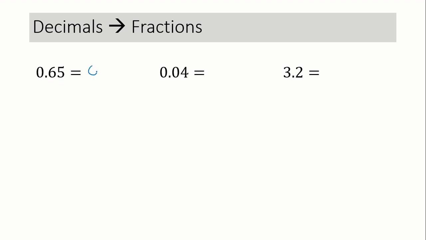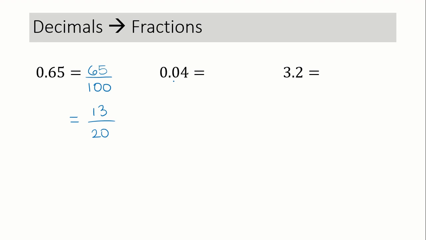Now, if we were going to write down 65 hundredths, it looks like this: 65 over 100. Like with previous examples, we should put this into lowest terms, right? So we're going to divide both of these by 5 and get 13 out of 20. I don't mind that method, tenths, hundredths, thousandths, that works.